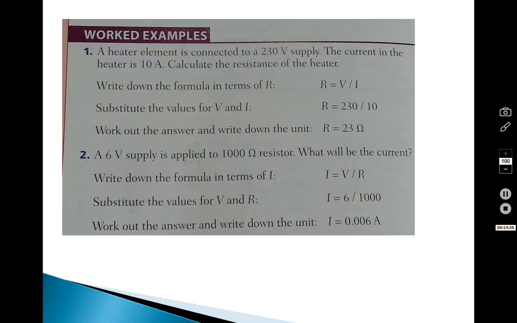Now we will go through some worked examples. In example number 1, we have a heater element. The heater is connected to a 230 volt power supply.